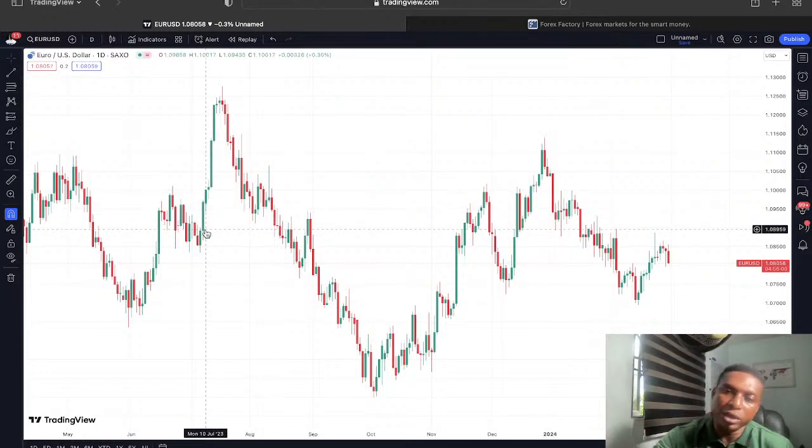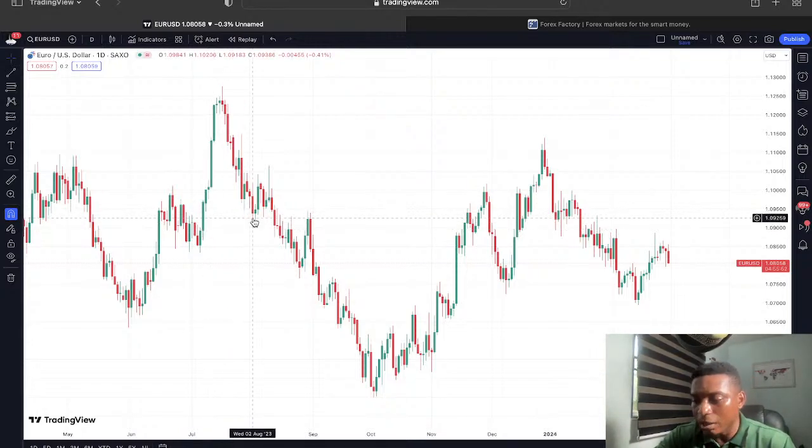So let's look into price movement, what price would most likely do, and how we can position ourselves for profit.